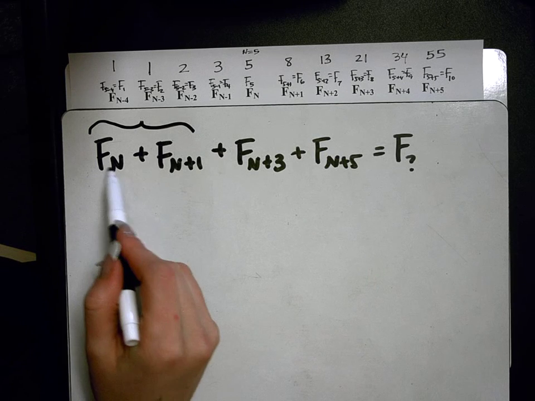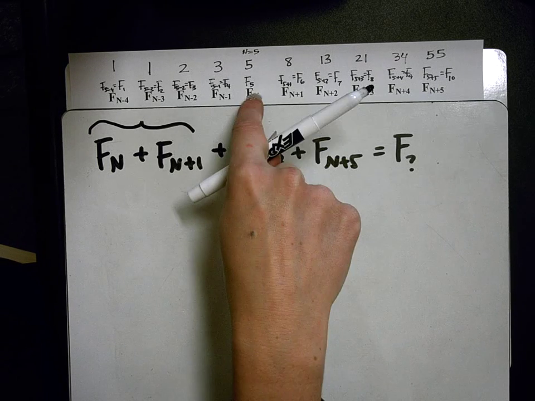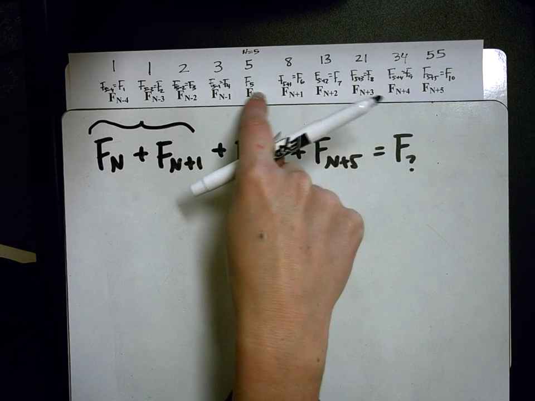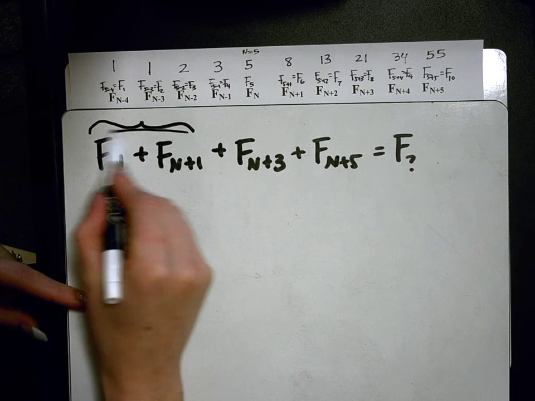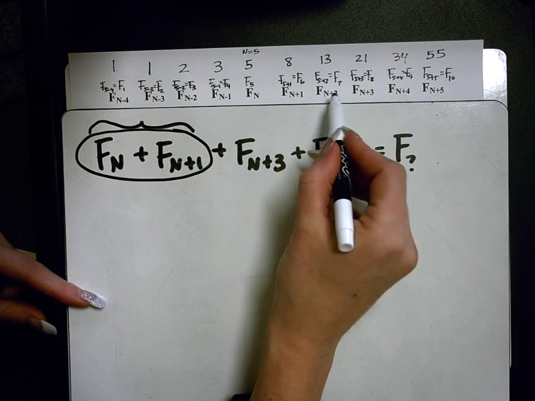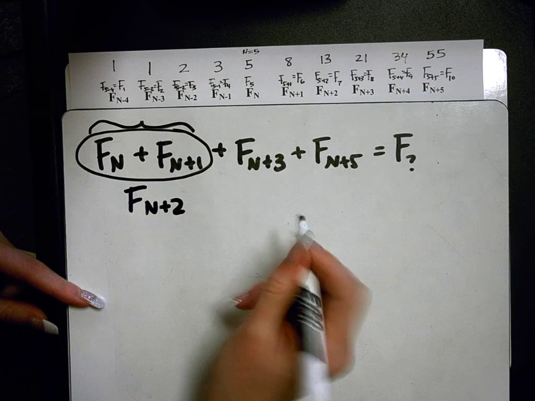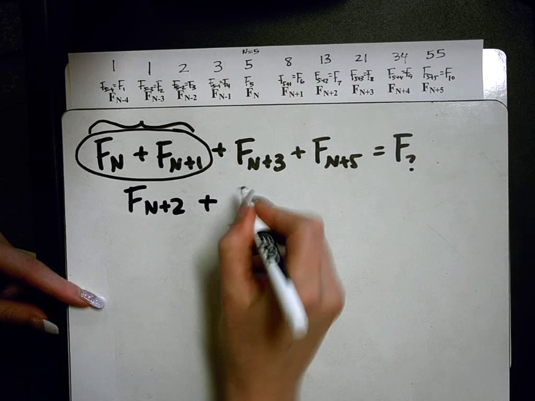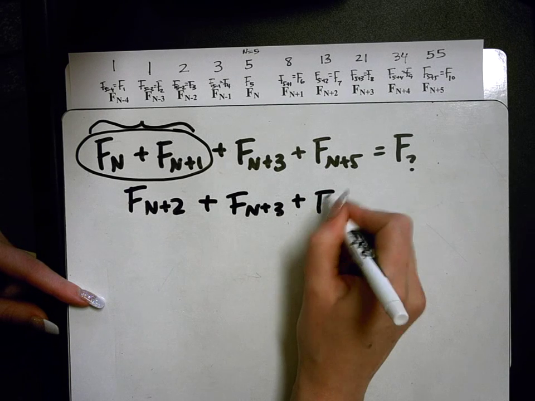What is the nth term plus f sub n plus 1? If I add this term to this term, what I get is f sub n plus 2. So f of n plus f of n plus 1 equals f sub n plus 2. And then I'm just going to rewrite this other stuff.